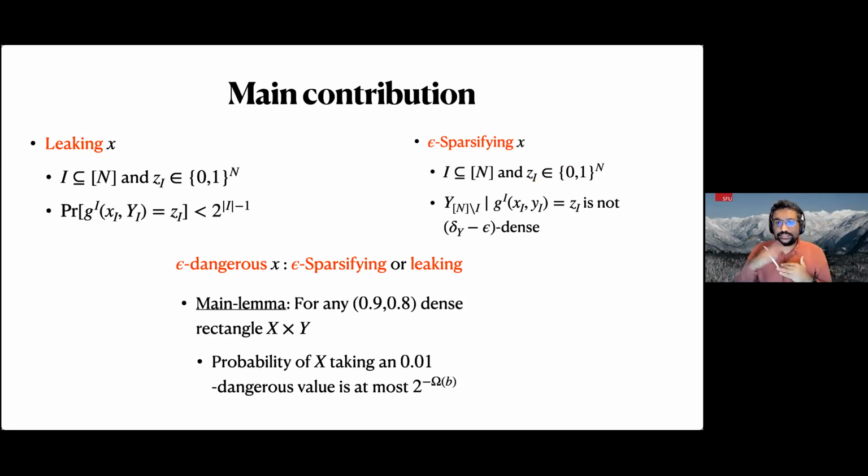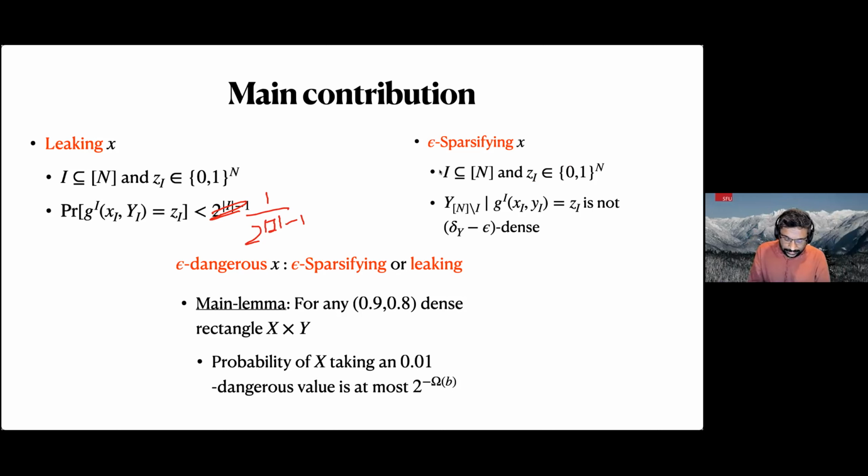So information is measured exponentially in this probability. This is like saying that it's revealing more than I minus 1 bits of information. That minus 1 is a small technicality.